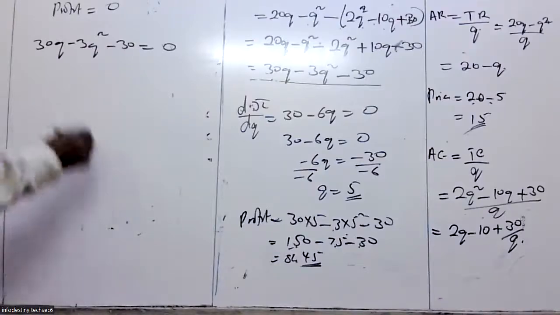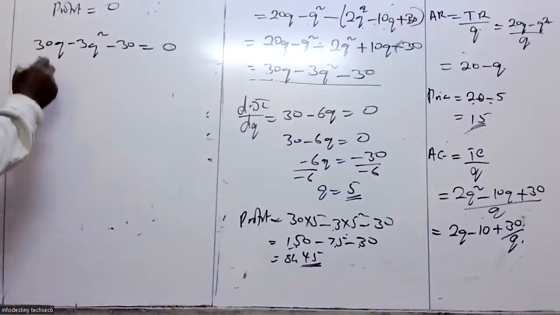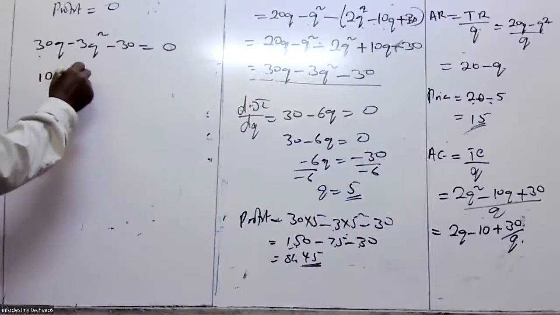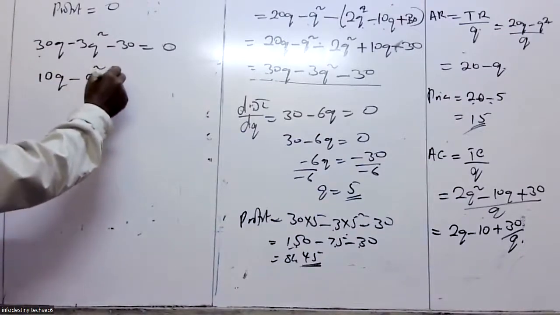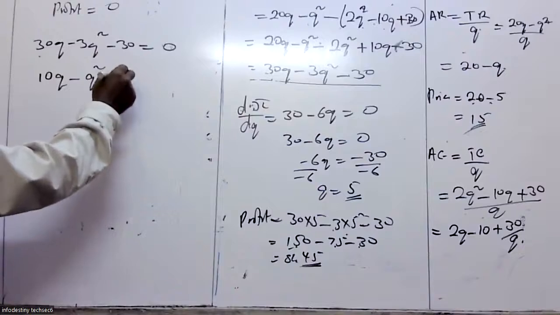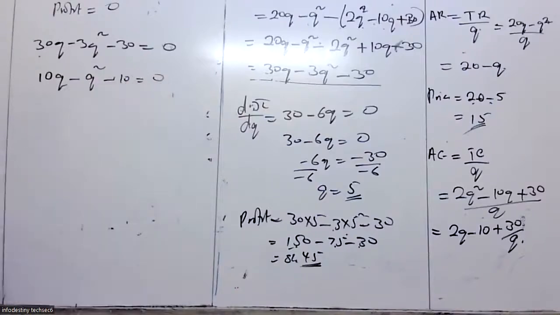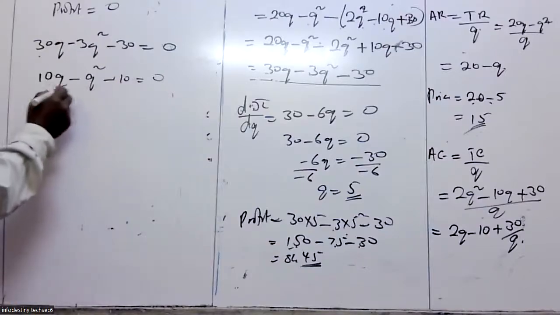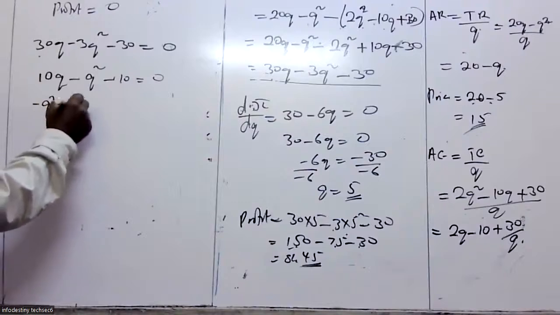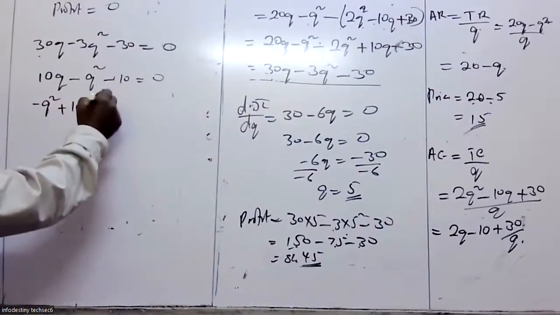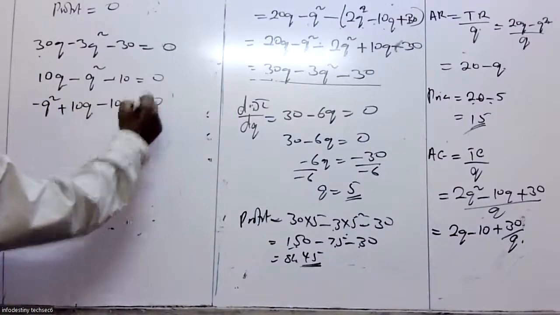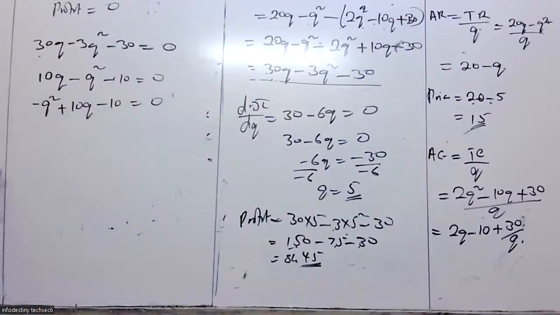Now, we can divide this by 3 to give us 10q minus q squared minus 10 equals 0. Let's rearrange this, starting with this. So that's going to be minus q squared plus 10q minus 10 equals 0.